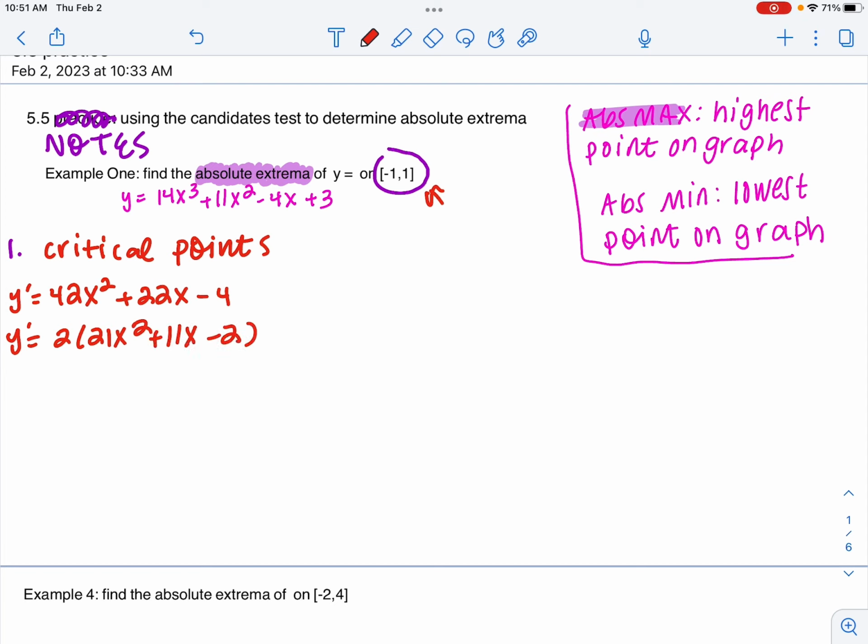And then I'll do a times c, which equals -42, and the factors that multiply to -42 and add to 11 are +14 and -3. And so I'm going to factor by grouping, but if you don't feel comfortable factoring by grouping, remember you can always use the quadratic formula to find these critical points.